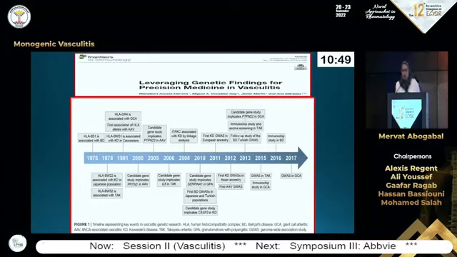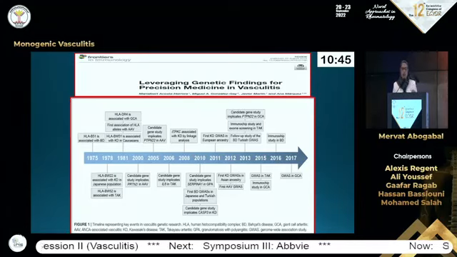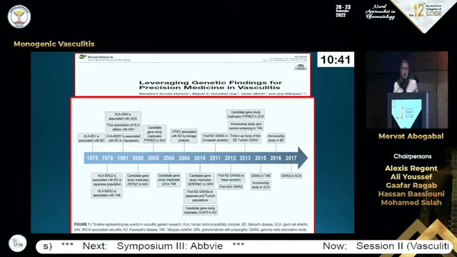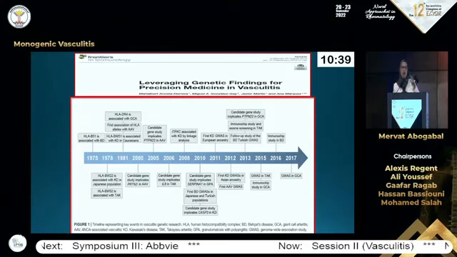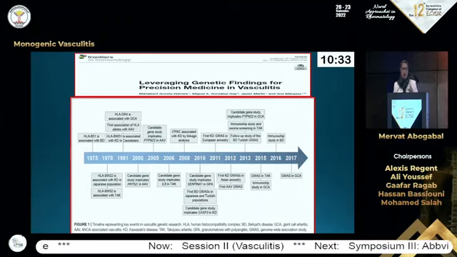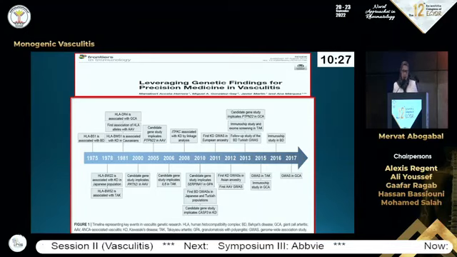Even more, in this literature, they provided a timeline for the genetic findings for precision medicine in vasculitis, starting from 1975 with the discovery of the genetic association between Behçet disease and HLA-B51 till 2017 with the discovery of the genetic association of giant cell arteritis.